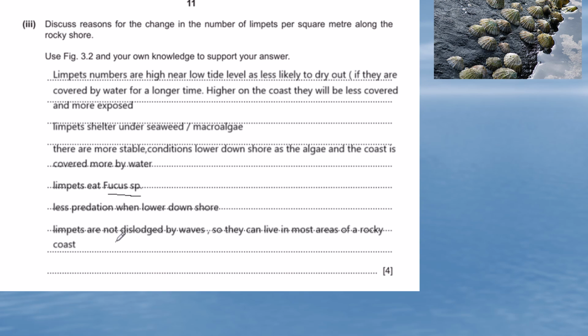And limpets are not dislodged by the waves, so they can live in most areas of a rocky coast. So I think this is a good way to answer this. It might be a little too much, but I have the time and I want to make sure I get the 4 points.